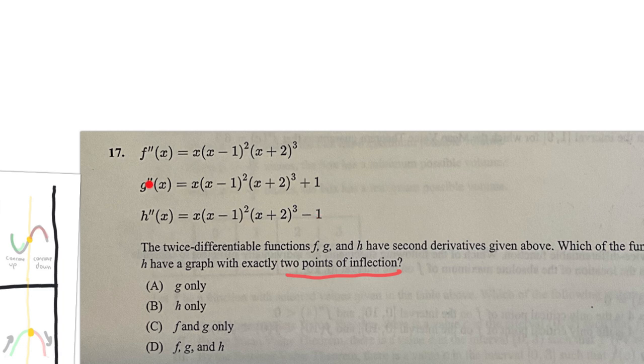So in other words, g double prime of x is the same graph as f double prime of x, shifted upward 1 unit. H double prime of x is the exact same graph as f double prime of x, shifted downward 1 unit. So in my opinion, it's probably just going to be a good idea to go ahead and just make a rudimentary graph of f double prime of x.